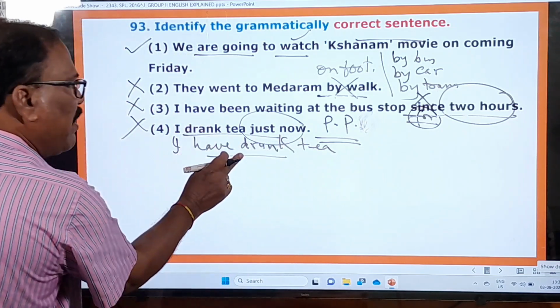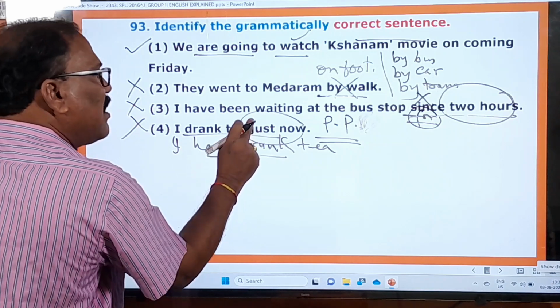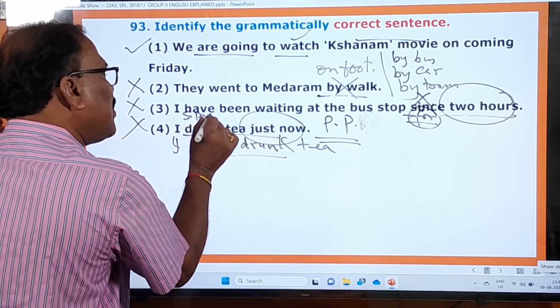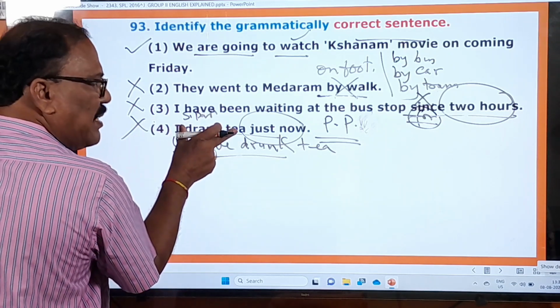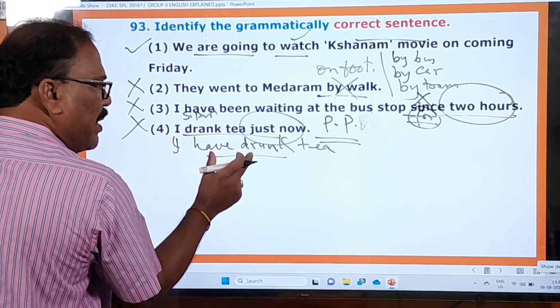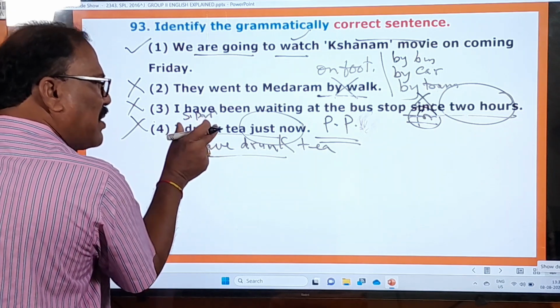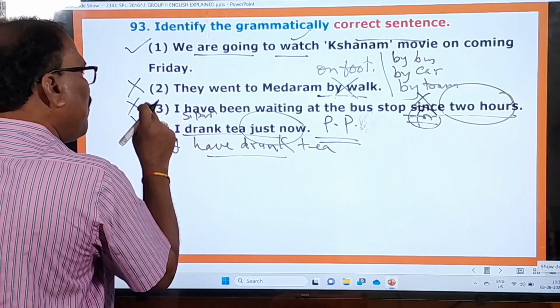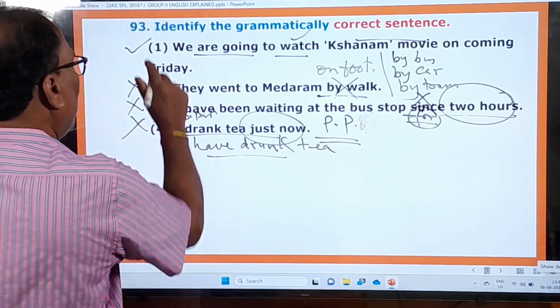Since with just now, a simple past is used, this is a wrong sentence. Actually, present perfect should be used here, but simple past is used, and therefore this is wrong. In this way, second one, third one, fourth one are wrong, and only the first one is right.